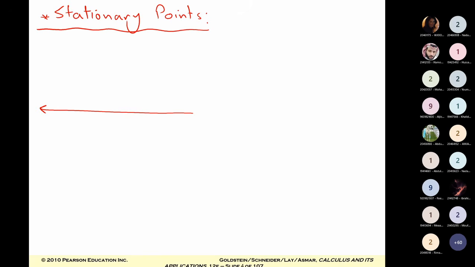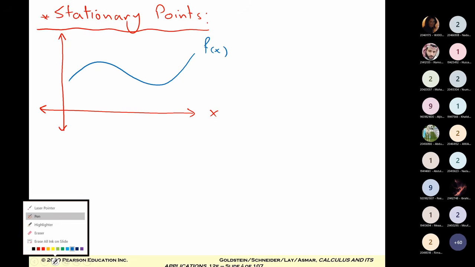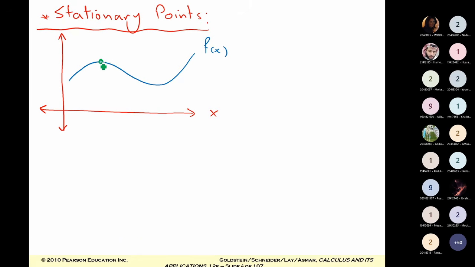If we have f of x in the xy plane, this is f of x, and if we have some point like A and the image of A, f of A, also if we have B and the image of B, f of B, at this point we have a tangent line, okay?